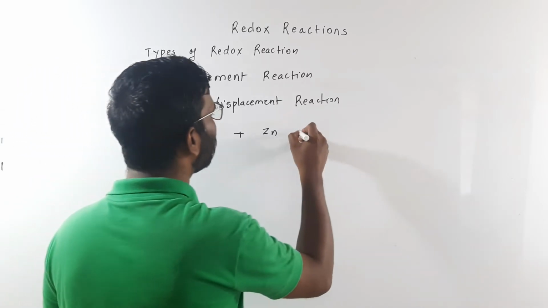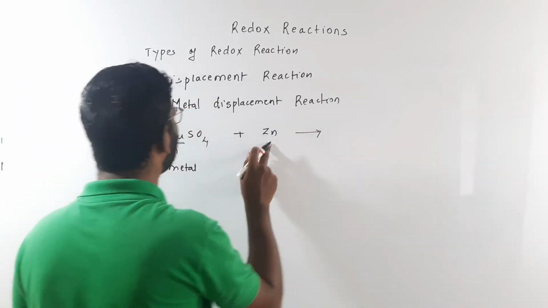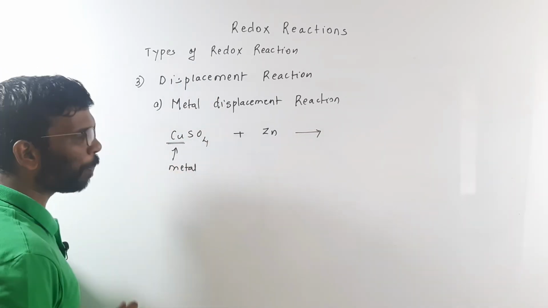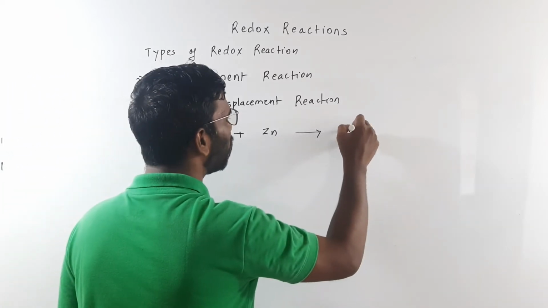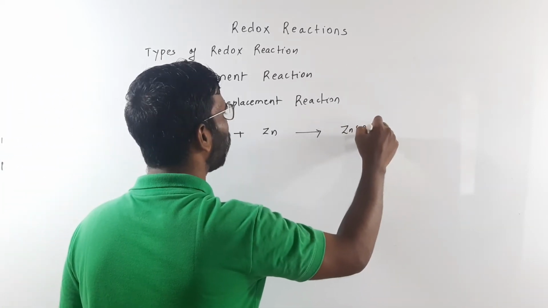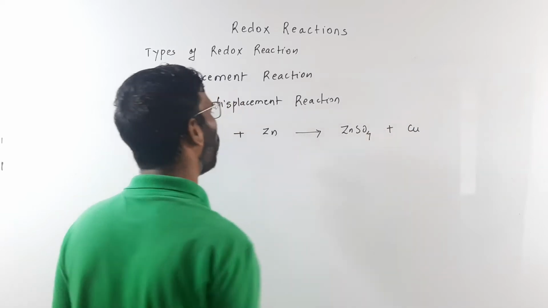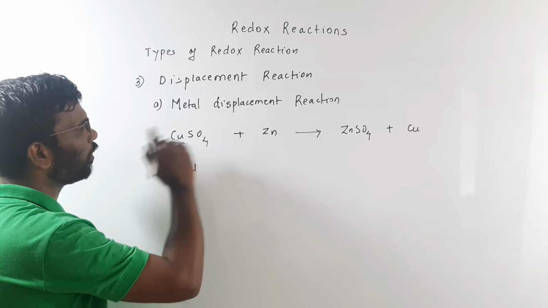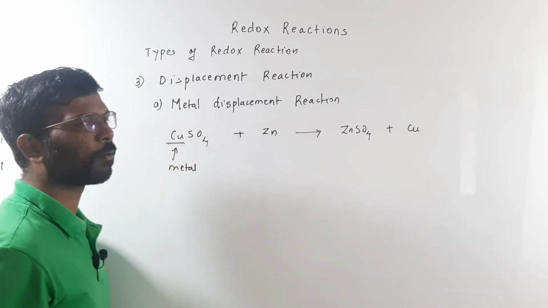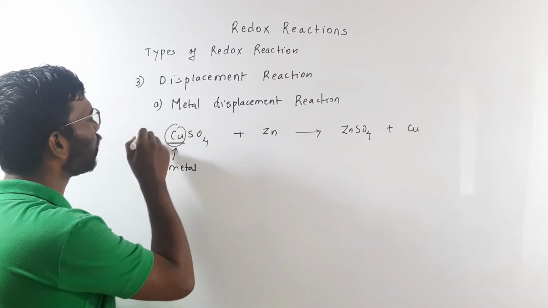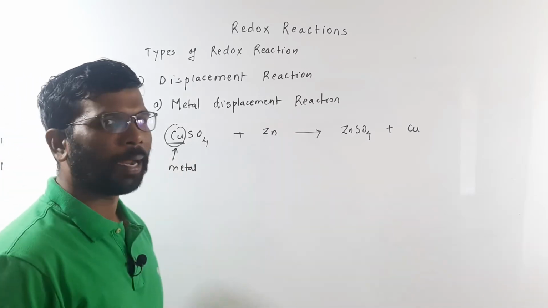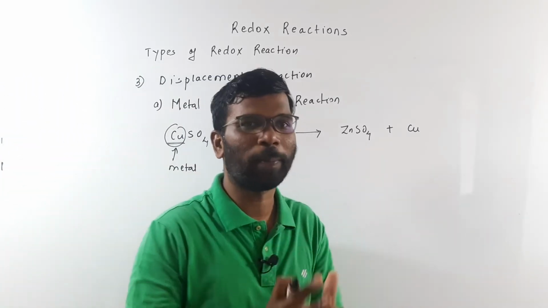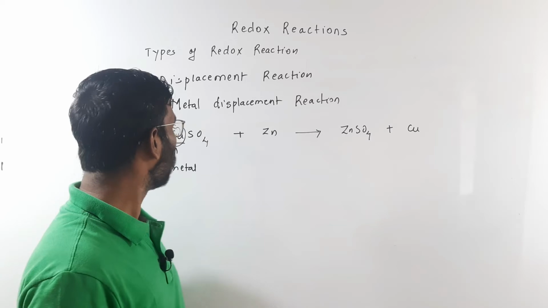If you react this with this, the copper will be replaced with zinc, meaning you will get zinc sulfate and copper, right? So zinc has displaced this metal. That's why it is metal displacement, and zinc has taken the place of the copper. This is one example.